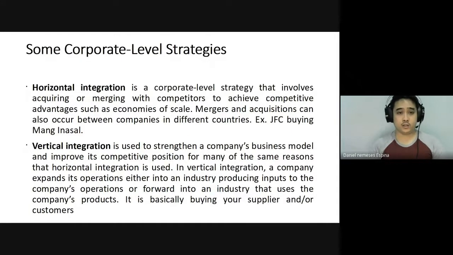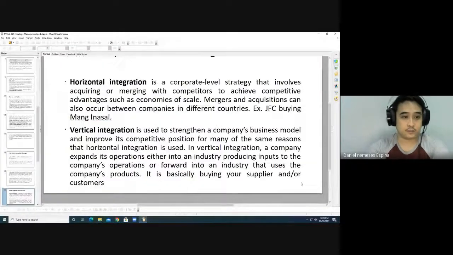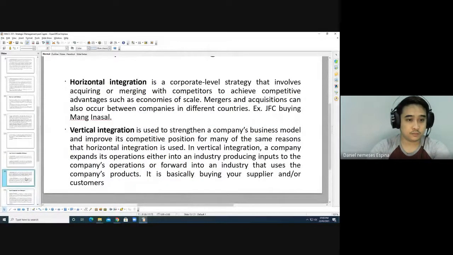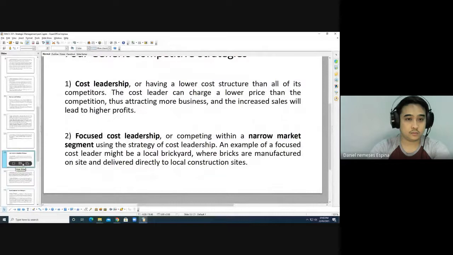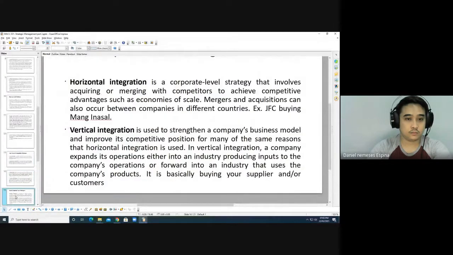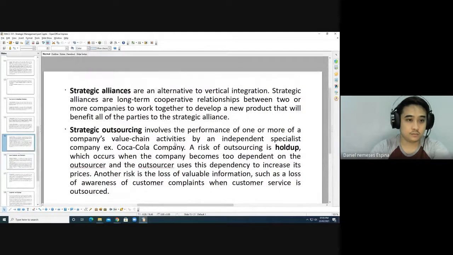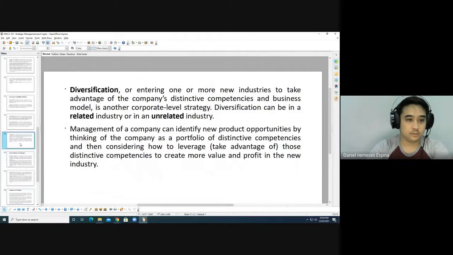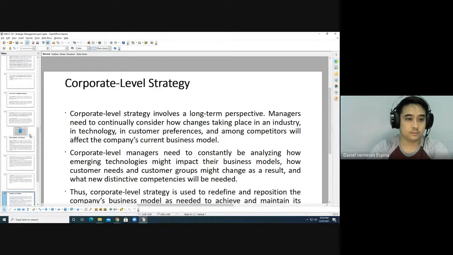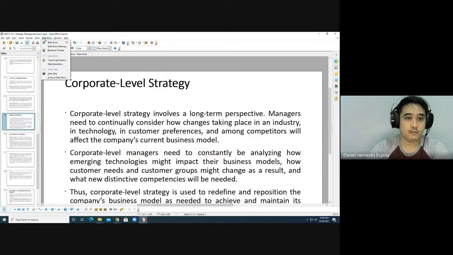Now we go to the corporate level strategies. Okay, so corporate level strategies.